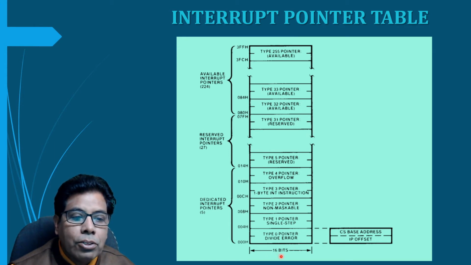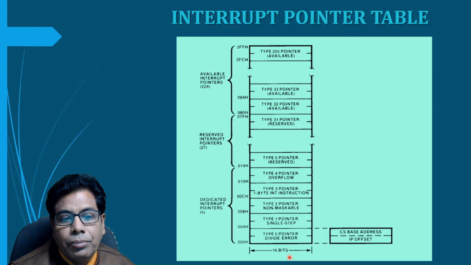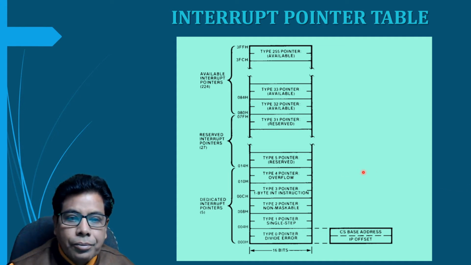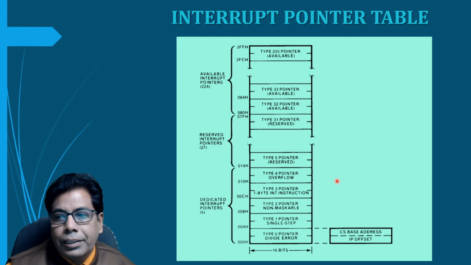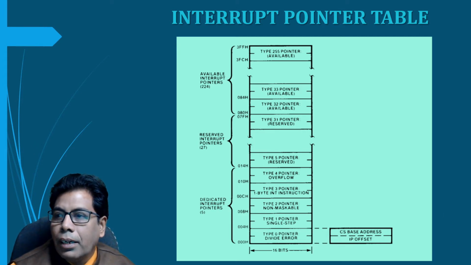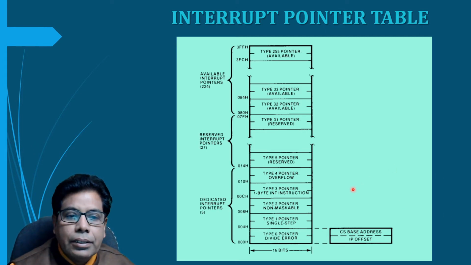Now here we have shown the width as 16 bit. When we actually calculate, each entry in the table is a double word, that is 32 bit. So this is 16 bit, and this is 16 bit.